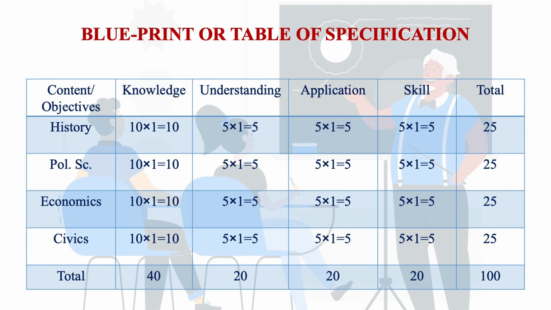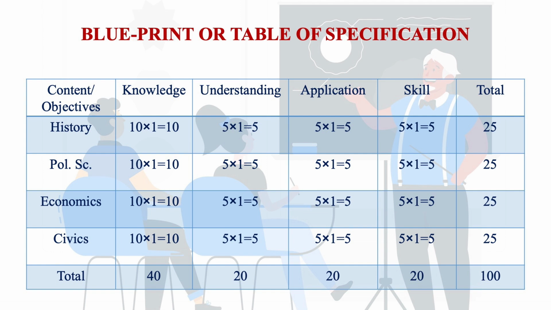Then weightage to objectives is knowledge 40%, and understanding, application and skill 20% each. Then the total items will be 100, the form of items will be multiple choice questions, and each question has 1 mark.